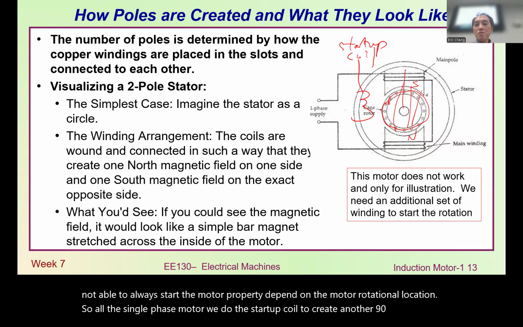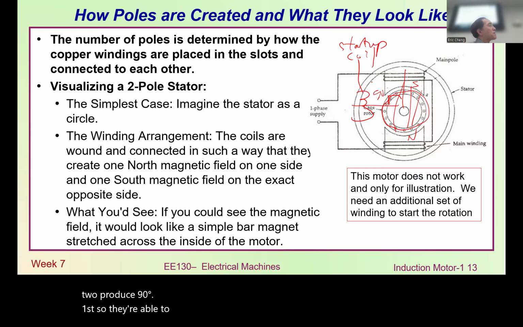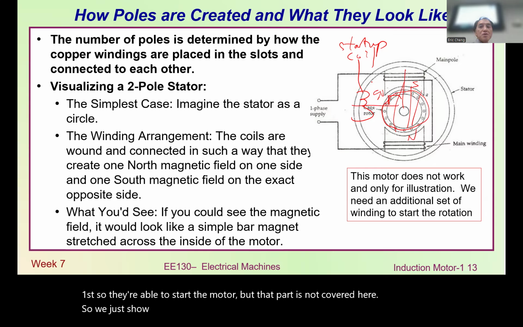These two produce 90-degree fluxes so that we are able to start the motor. But that part is not covered here. We just show you the basic principle of how the single-phase motor looks.